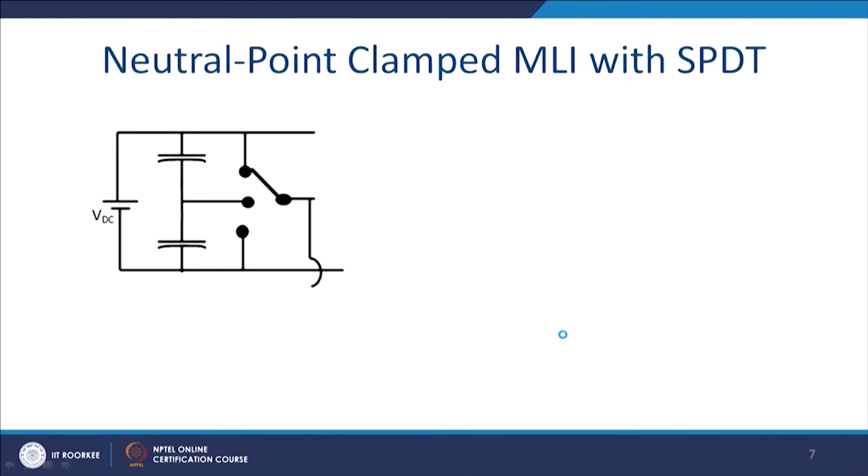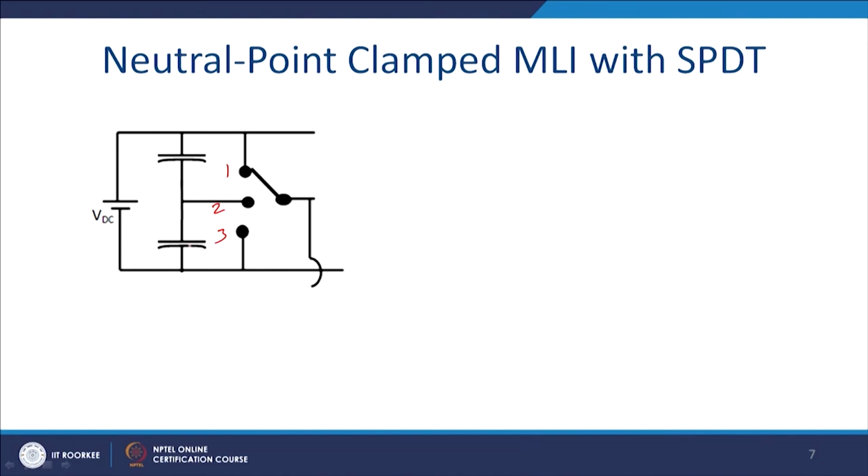Now, let us understand the application of the simple neutral clamp or diode clamp inverter. 1, 2 and 3 are the points. When it is connected to point 1, let us say of pole A, then the current can be bidirectional. Let us see what kind of switch is required here.